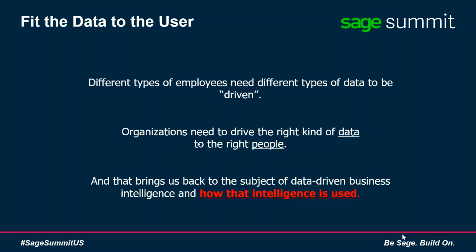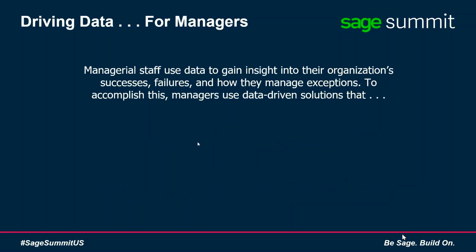And that all brings us back to this concept of the data-driven business and how that data, that intelligence is used by various people within our organizations. So managerial staff use data, use business intelligence to gain insight into their organization's success, failures, and how they manage exceptions.